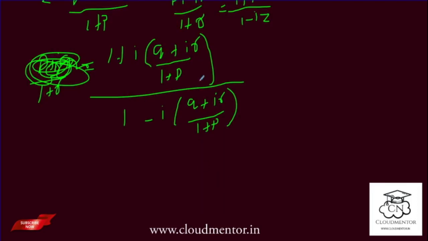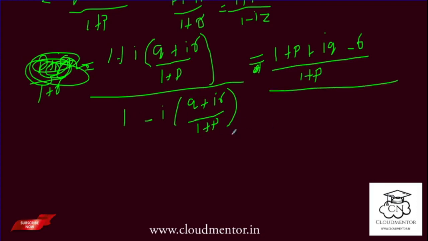So taking LCM, I get 1 plus p plus i times iq, that is iota q, plus i squared, that is minus 1, and minus r, that means this minus r, and divided by 1 plus p.